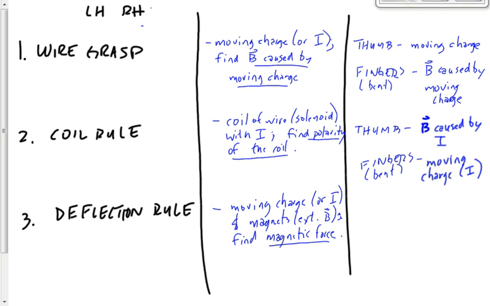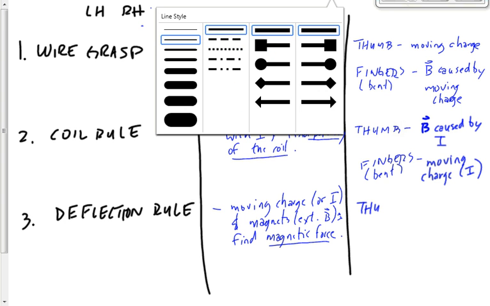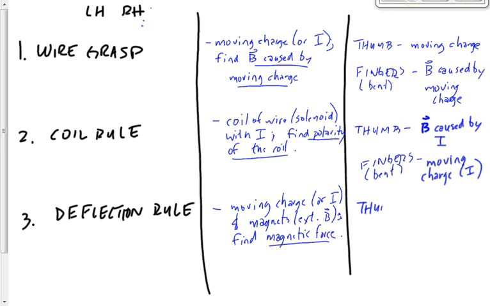The third rule, called the deflection rule, or at least what we call the deflection rule, once again, we've got our thumb and our fingers. This time, though, our fingers aren't bent. Our fingers are straight. And we've also got a third variable, which is the palm of our hand.